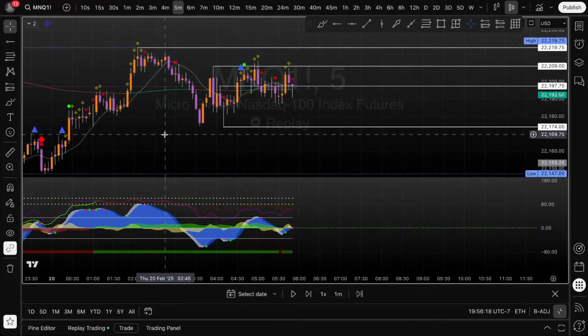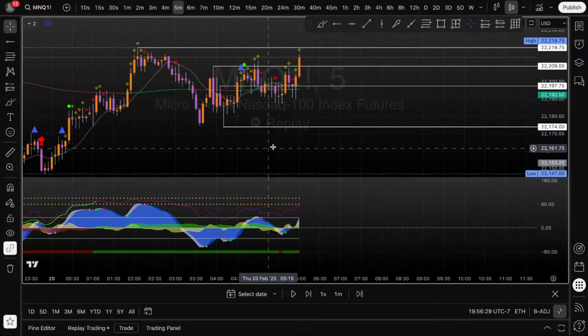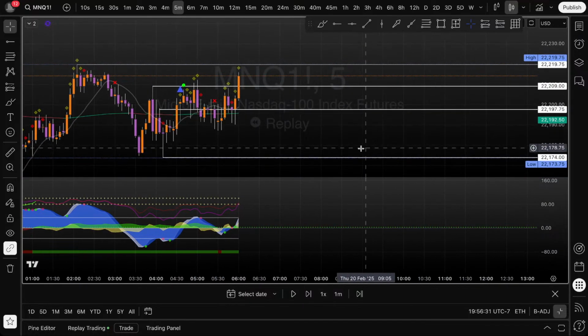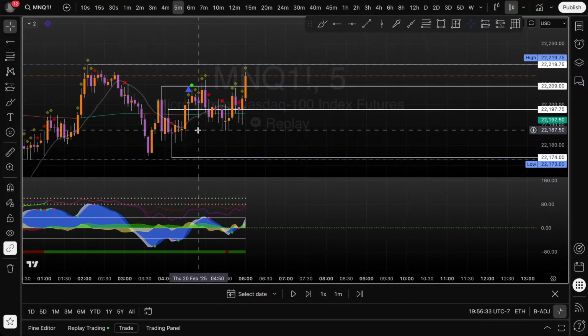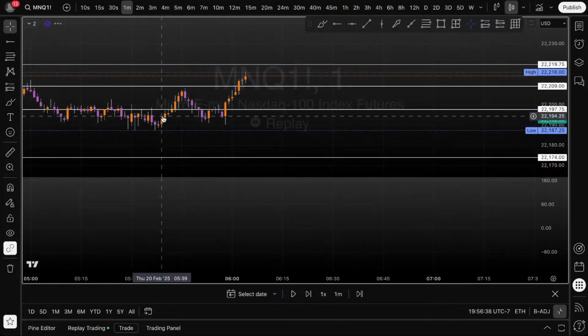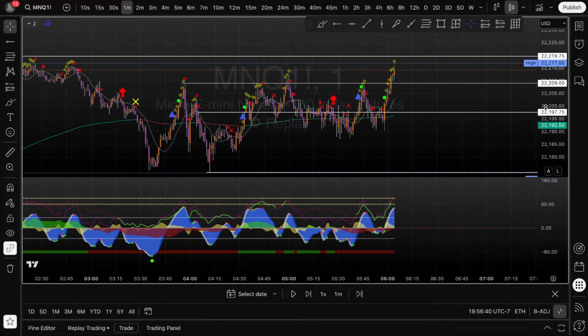Low-key kind of bullish on the short time frames, lower time frames. Yeah, wick above there.